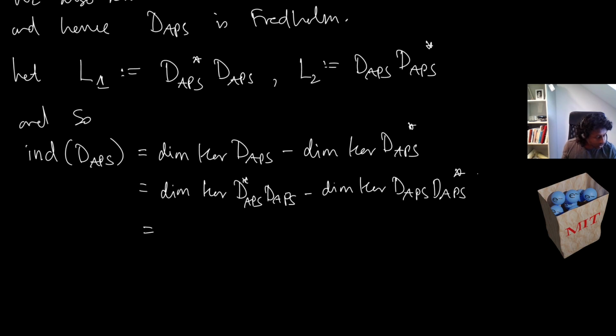So we have this, and now we can use the tools that we have from before. So this is now going to be tau L1 minus the trace of e to the minus tau L2.